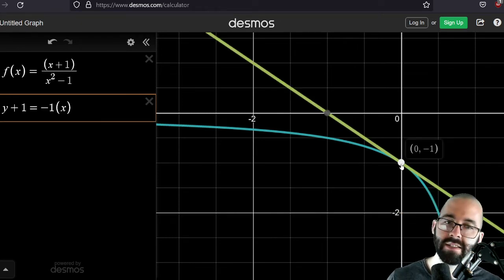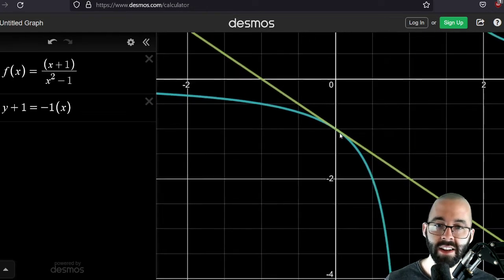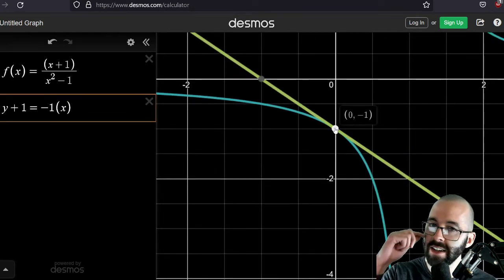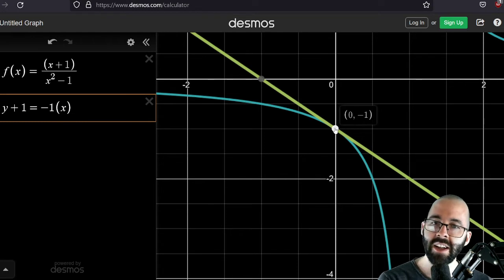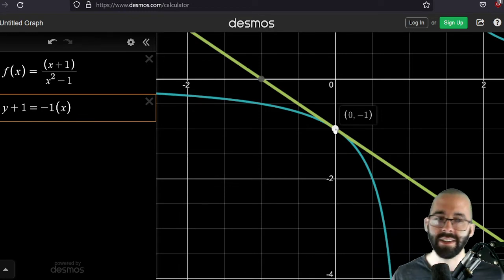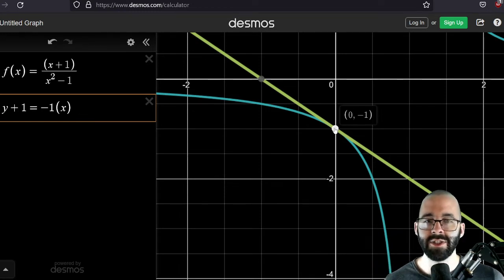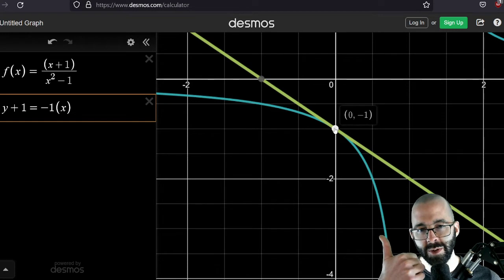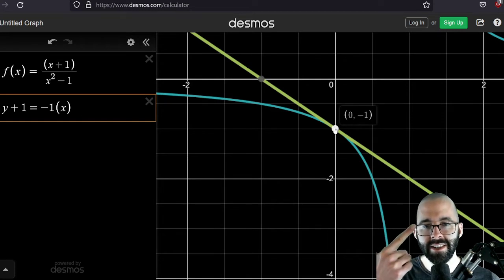Oh, that green line sure looks a heck of a lot like a tangent line to me. It's a tangent line at the point 0, negative 1, which is what we wanted. Checking our answer is great. Make sure we did it right. And it helps us know what things look like.